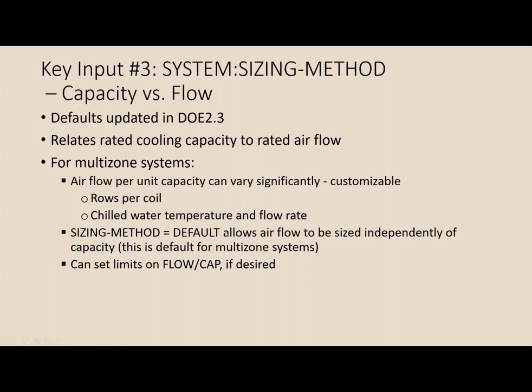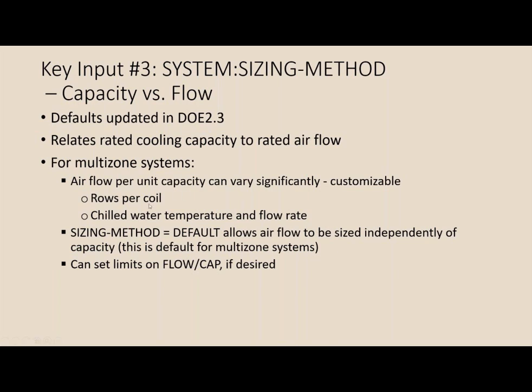Now in DOE 2.3, it defaults to something else for packaged single zone systems. I'm going to talk in a minute about what to do about that. But for multi-zone systems, it makes sense to use this default method. What the default method means is that there's no connection between the airflow sizing and the unit cooling capacity.